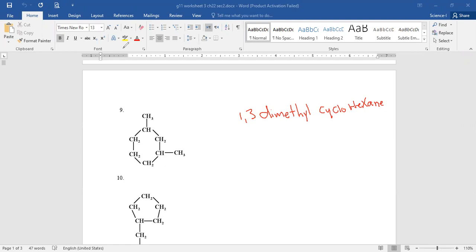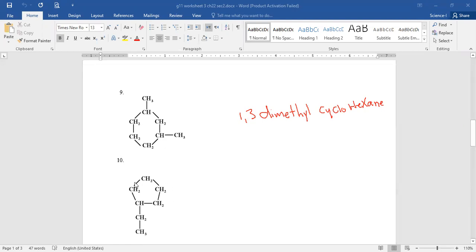Number 10. You are going to find that there are 5 carbons. That means pentane, and as it is found in a cycle, or a ring, we are going to say cyclopentane. And here we have the ethyl group attached in carbon number 1, 2, 3, 4.